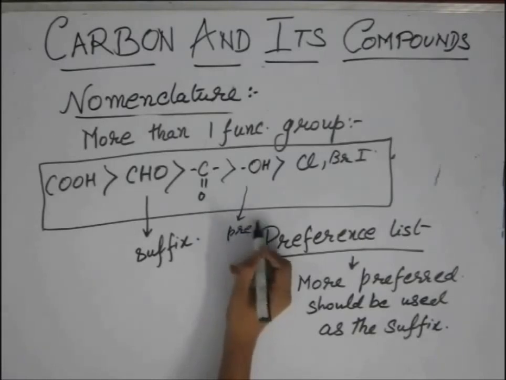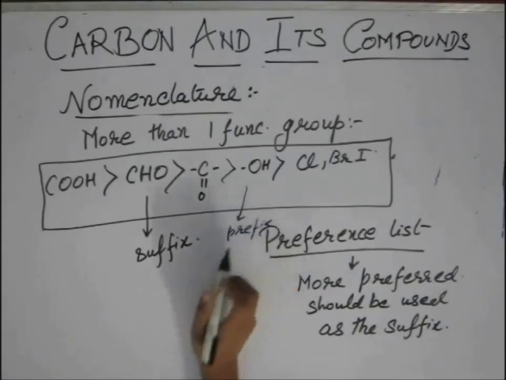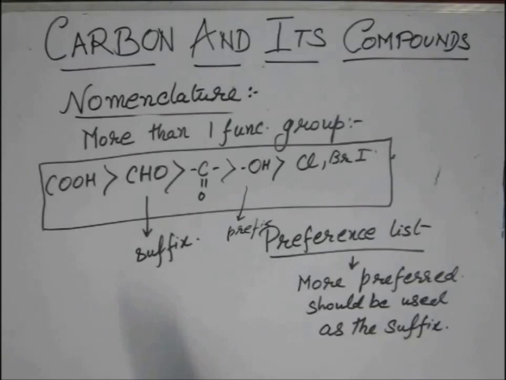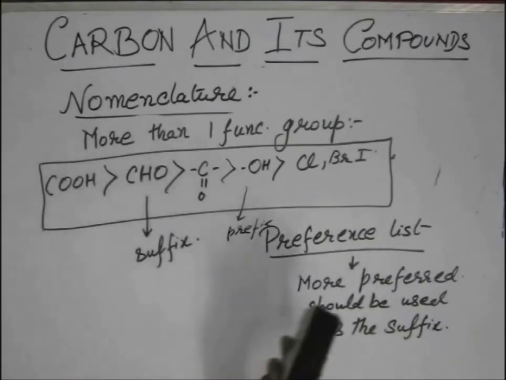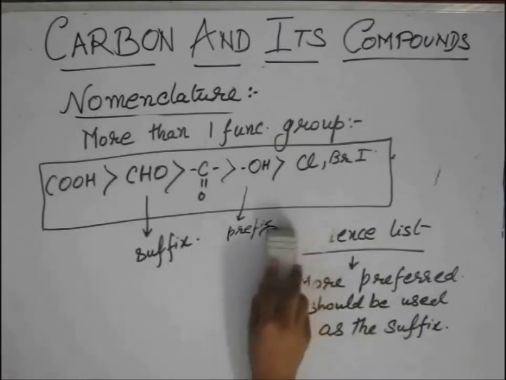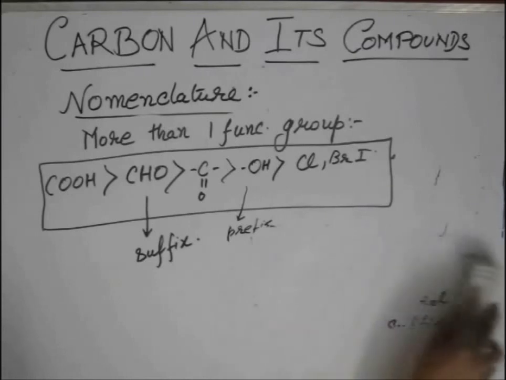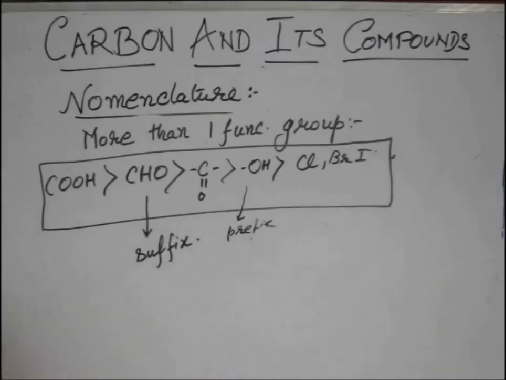But OH does not have a prefix. So what should we do? What we do is define prefixes for each and every group. If there can be suffixes, there can be prefixes also. So there are prefixes defined for each and every group.